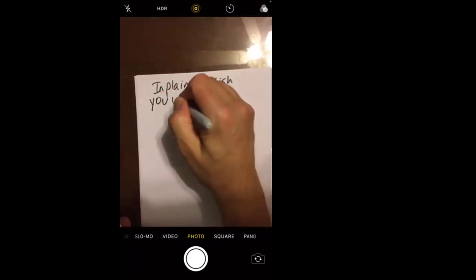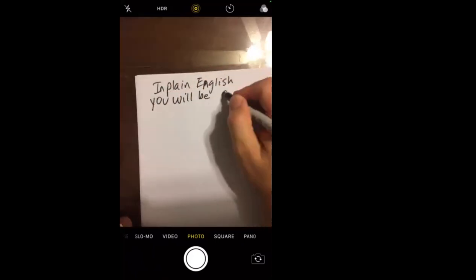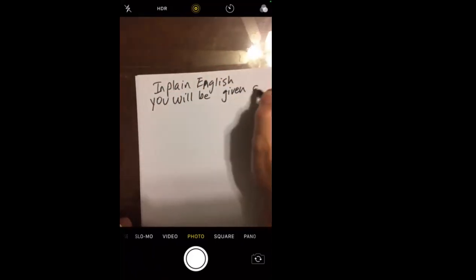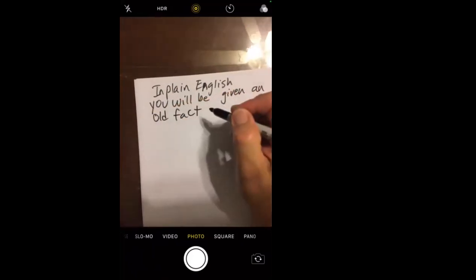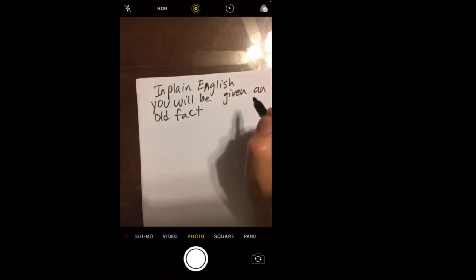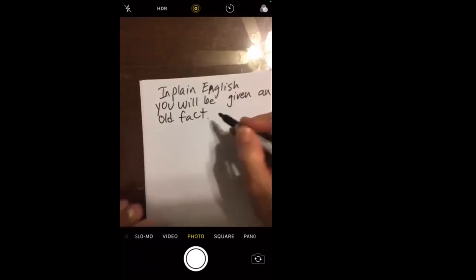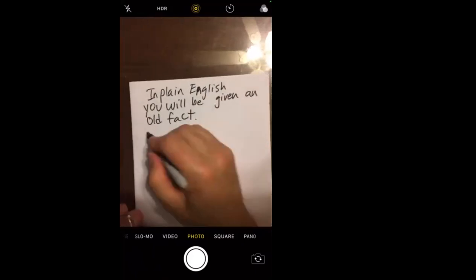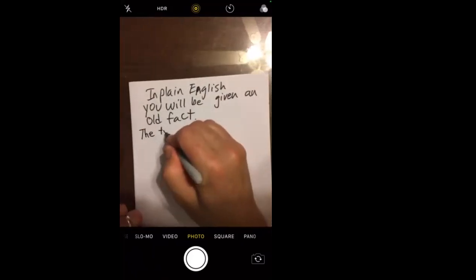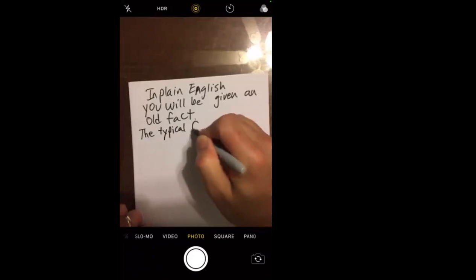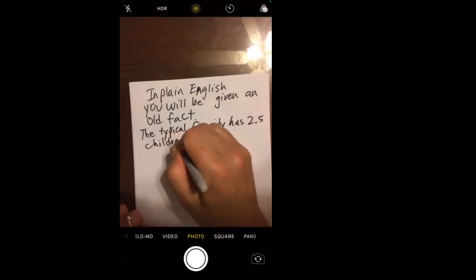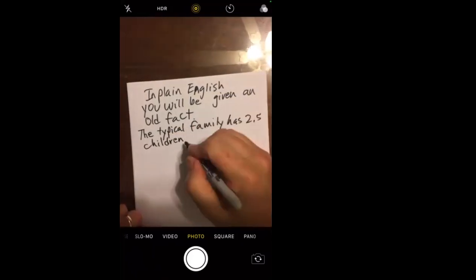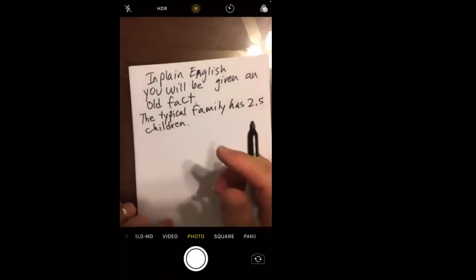Given an old fact, you may have heard some of these things, like the typical family has 2.5 children, something like that.